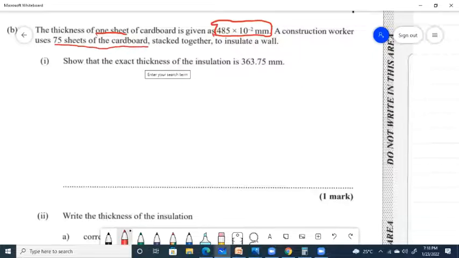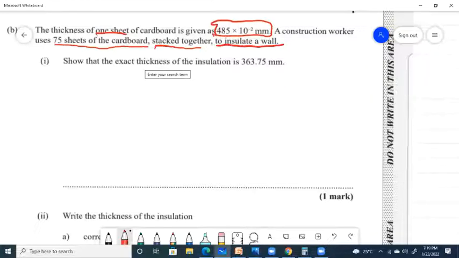So this is the thickness, and a construction worker uses 75 sheets of cardboard, stuck together to insulate the wall. No problem, so we have an understanding of what's going on there. We have one thing that is this thick and we use 75 of it. Let's see what they want to ask.